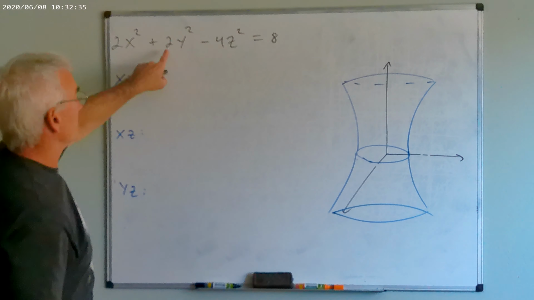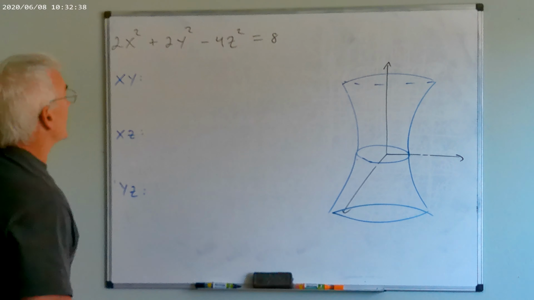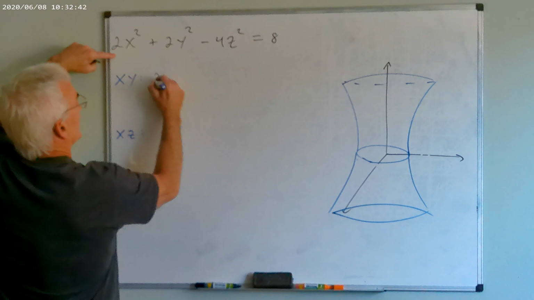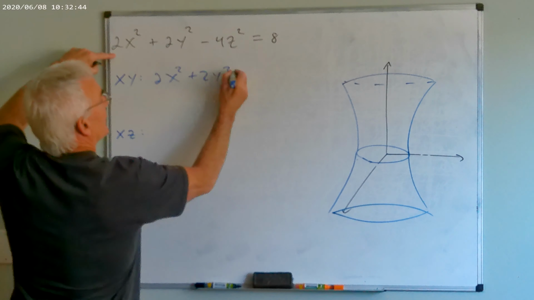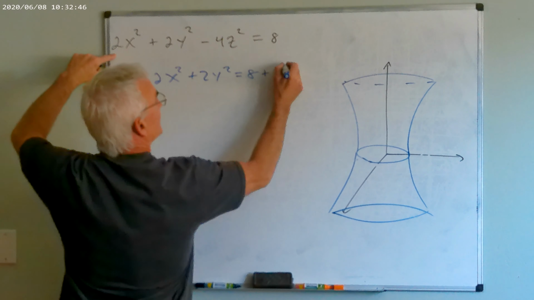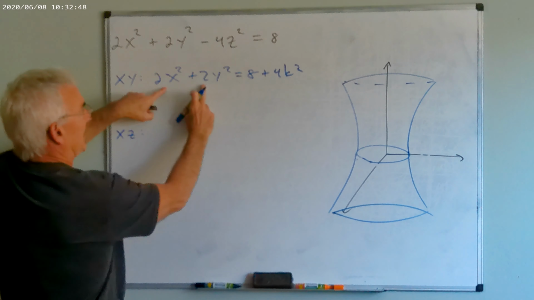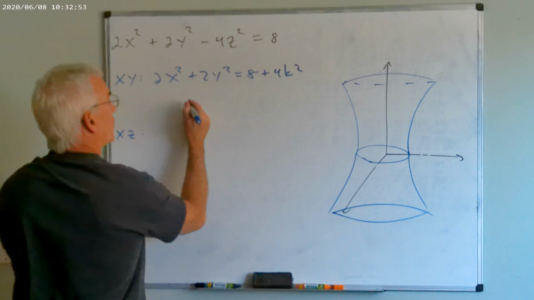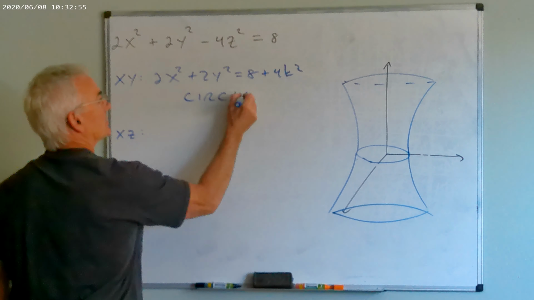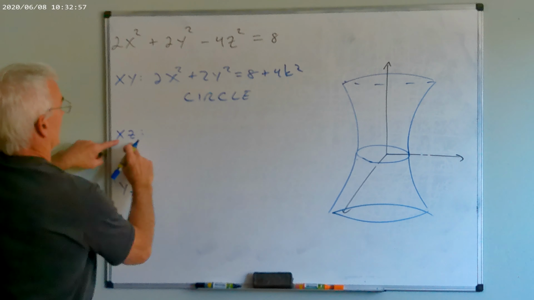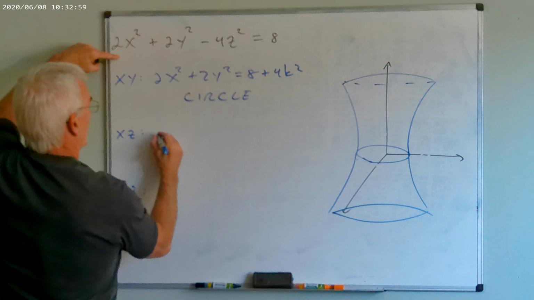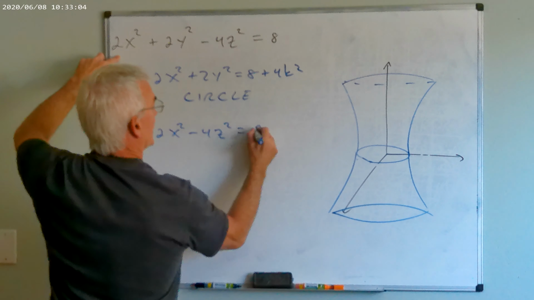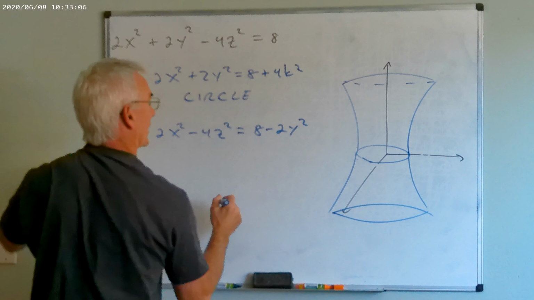Now let's consider this graph right here. Once again, we replace one of the variables with a constant. So I will have 2x squared plus 2y squared equals 8 plus 4k squared. Because that's a sum of squares with the same coefficients, and that's a positive quantity, we know that cross section is a circle. In the xz, we're going to get 2x squared minus 4z squared equals 8 minus 2y squared.